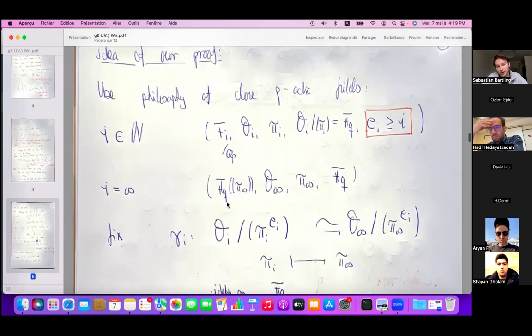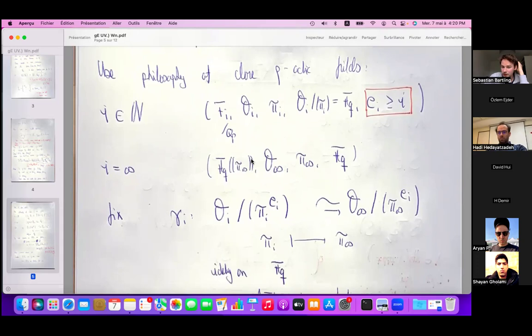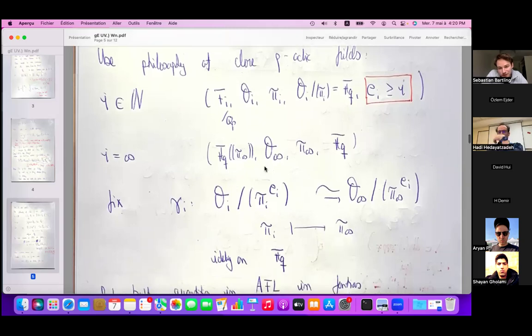And for i equal to infinity, I will take a local non-Archimedean field of characteristic p. So it's the Laurent series field over F_q in the variable pi_infinity. That's what I put at infinity.